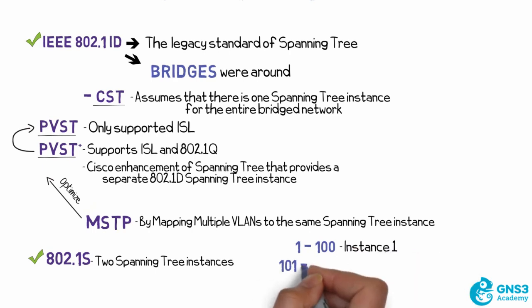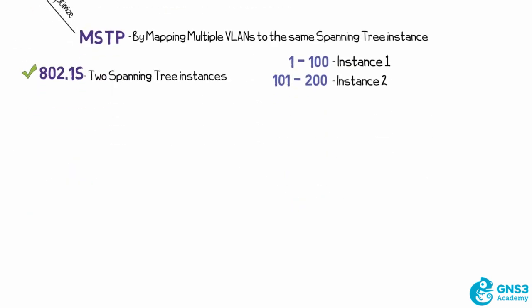VLANs 101 to 200 could be associated with instance 2. That provides a lot of advantages in that you have 2 instances of spanning tree rather than 200, which you would have if you used PVST. Multiple spanning tree also has rapid spanning tree built into it, so it converges very quickly.